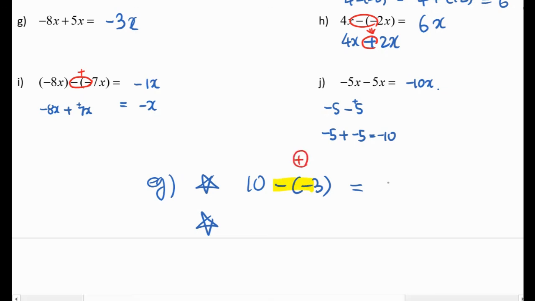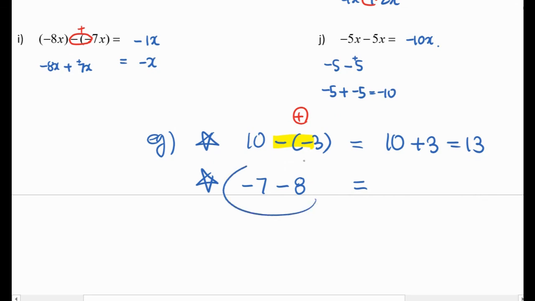So that becomes 10 plus 3, which is 13. And when you have negative 7 minus 8, in this form you just simply add 7 and 8 and put the negative sign.